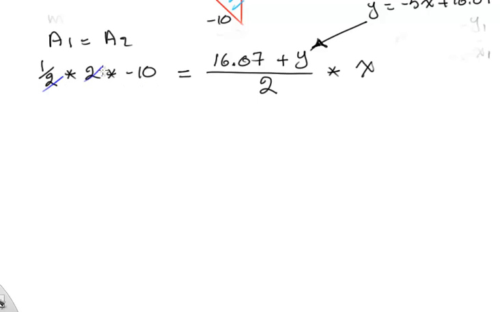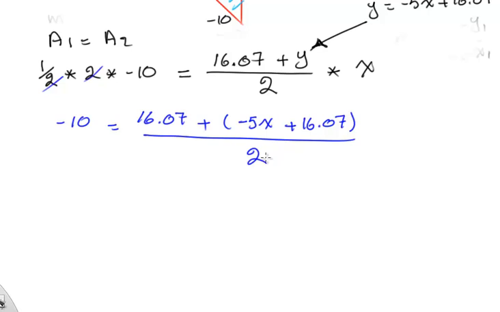So the area of this is minus 10 equals 16.07 plus what is y? It's minus 5x plus 16.07, over 2, the whole thing multiplied by x.